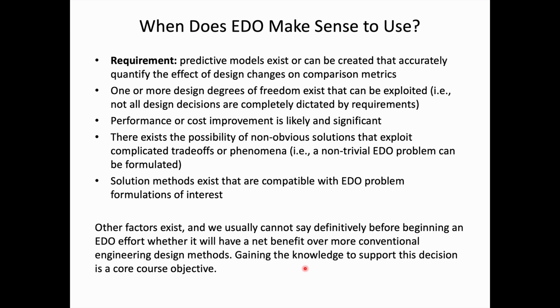There are a lot of other factors that exist in making this decision. When does design optimization make sense? And usually we can't say definitively at the beginning of a design optimization effort if there's going to be a net benefit. There is some risk involved in deciding whether to use design optimization or conventional engineering design methods. And to have a definitive answer to this, we'd really have to have evidence. We'd have to solve the problem both using a conventional design method and with design optimization.